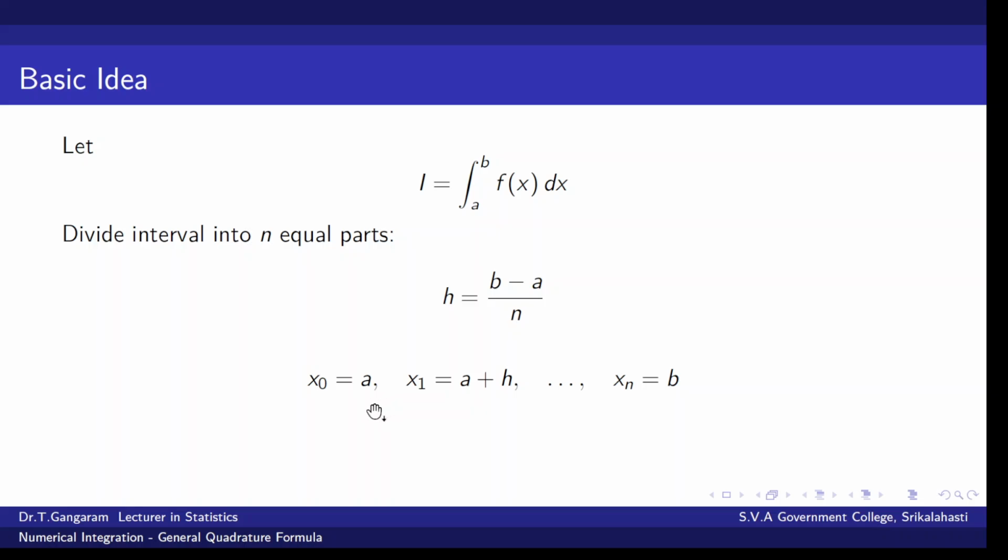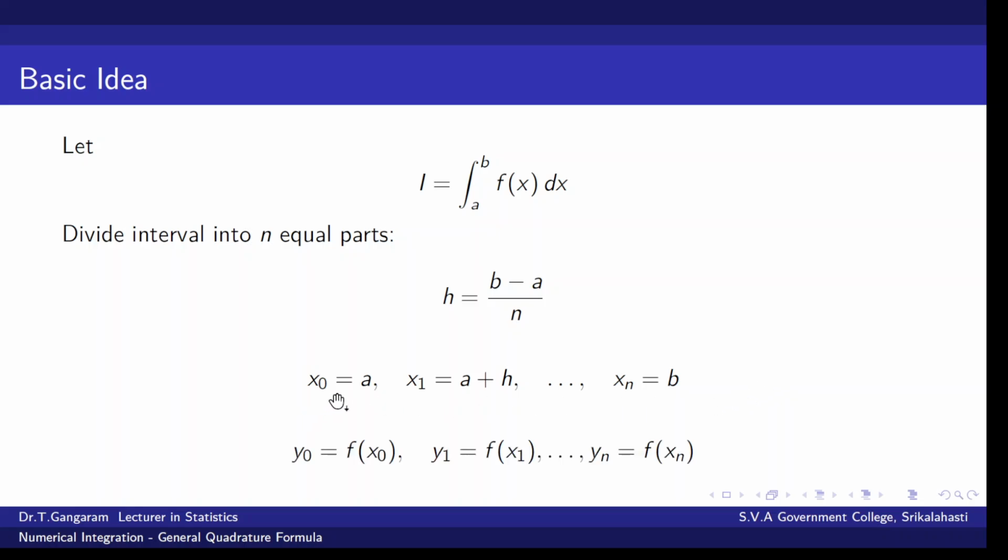Then by substituting the interval, the initial value x naught is the beginning value, x1 is x naught plus h, which is a plus h, x2 is a plus 2h, and so on. xn is the last value, that is nothing but b, or otherwise x naught plus nh.